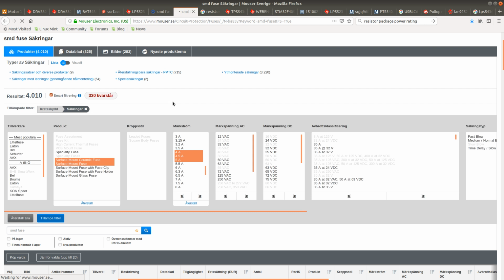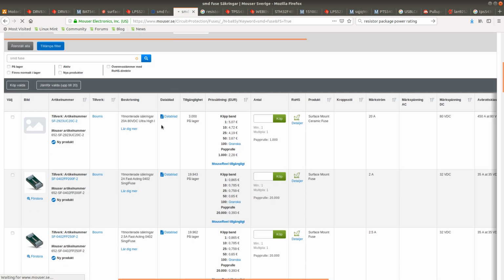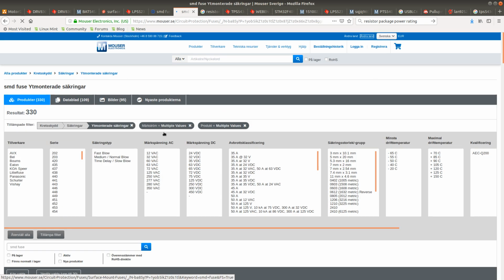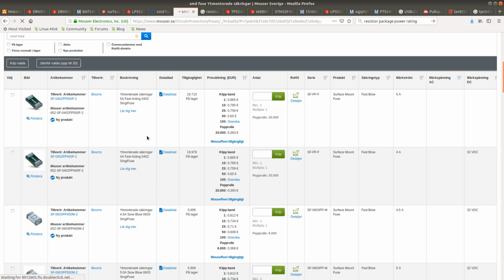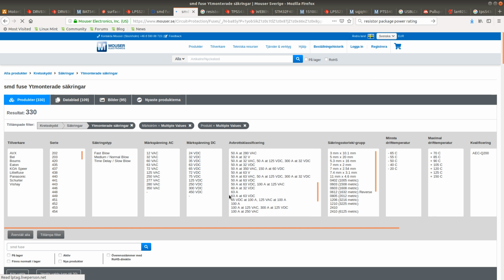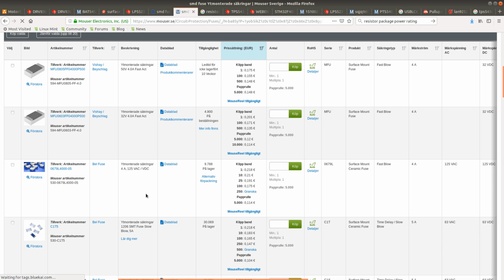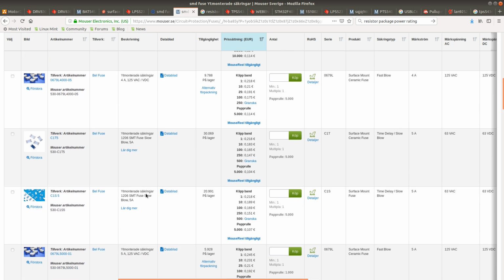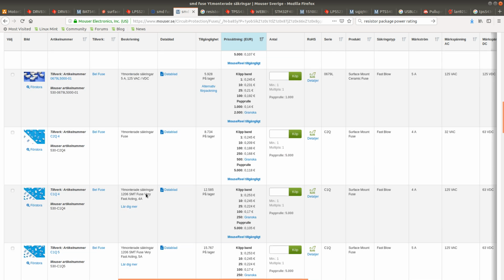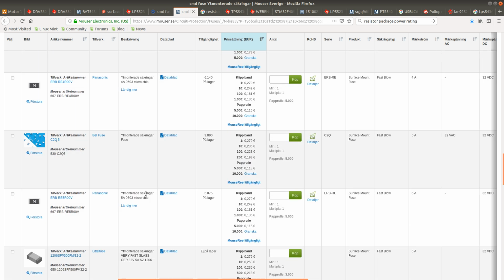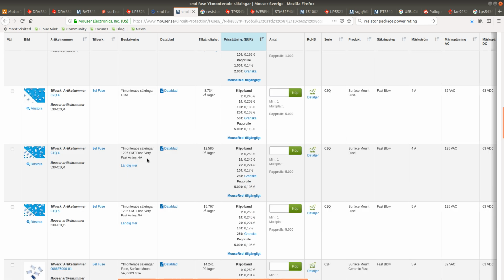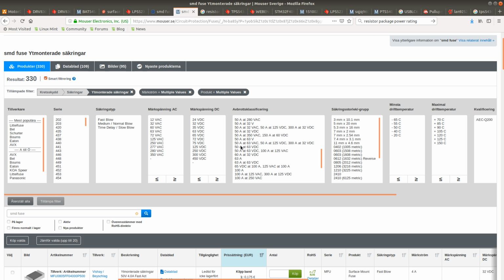Ideally, I'm thinking about something like a fast-acting ceramic fuse or something like that. So something like this. I'm just going to check the prices. Is there some option I can choose here for fast acting?